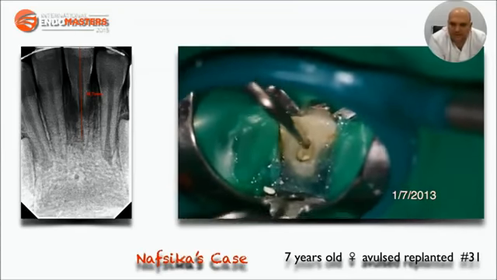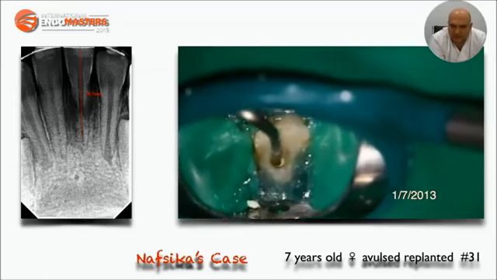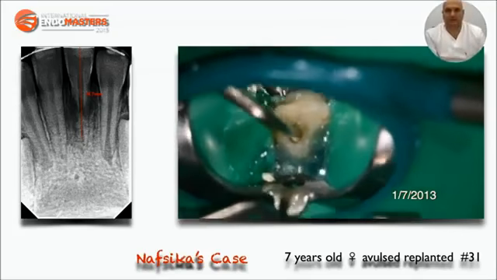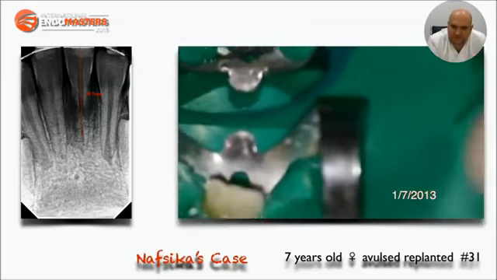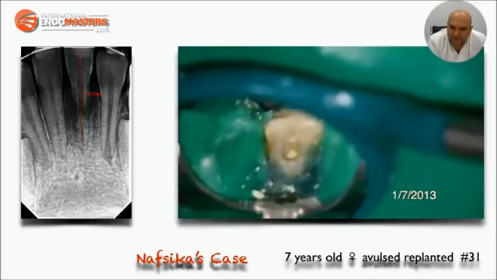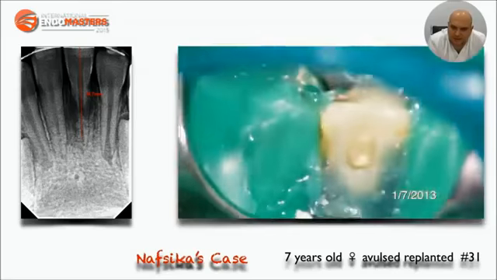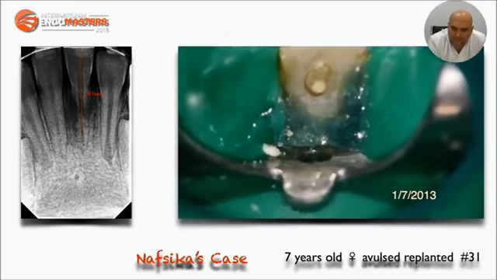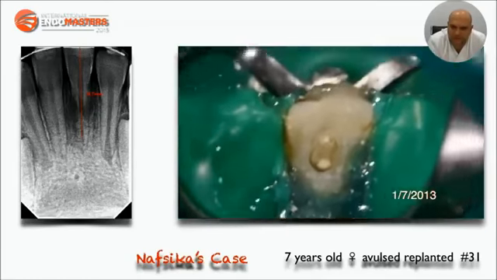In order to minimize the discoloration effect of MTA in this case, because I didn't use Biodentine in this case, I used MTA Angelus white. In order to minimize the discoloration effect, I placed some thermoplasticized gutta percha over the MTA and sandblasted my access cavity with sodium bicarbonate.